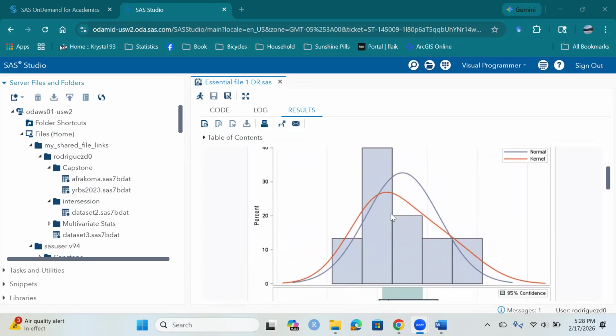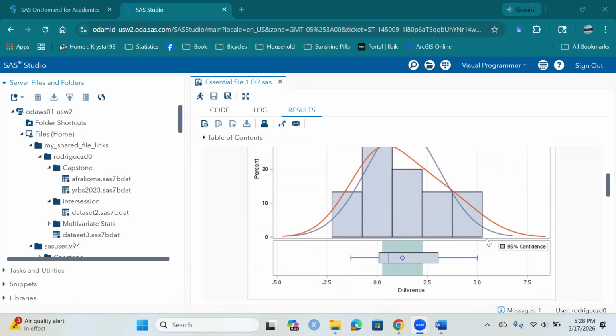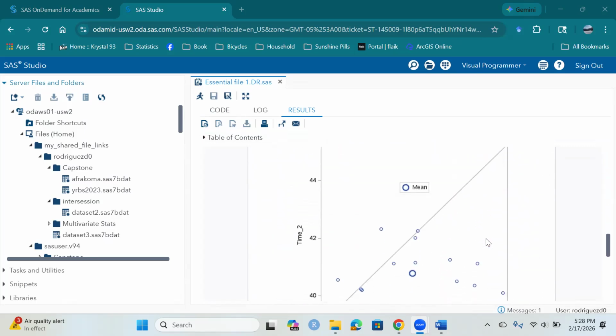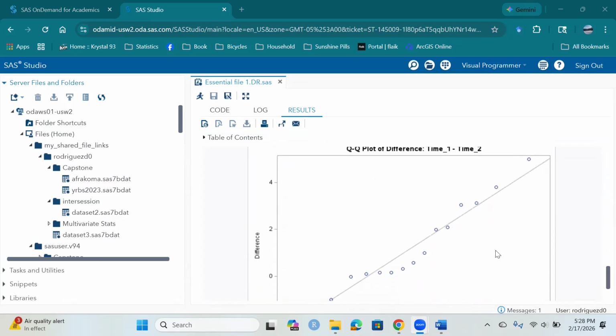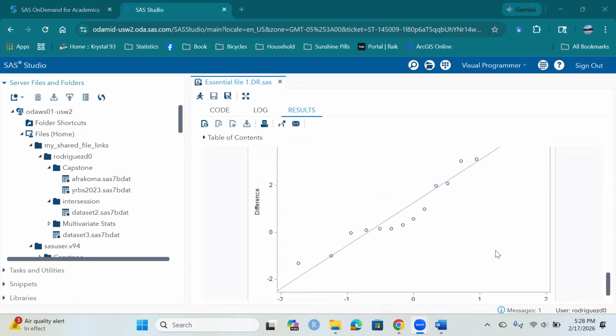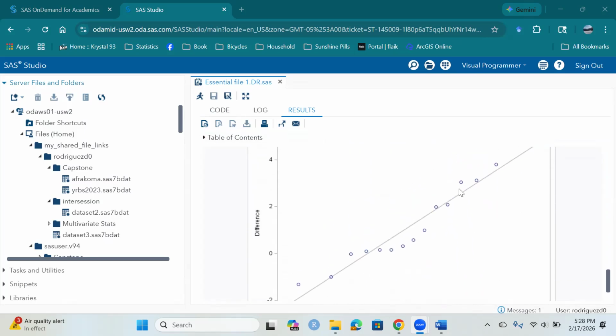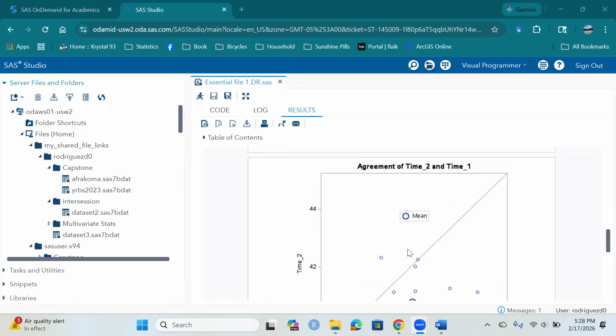So we want to see if it's normal, and it's not quite normal. It's a little bit off there, right? And there are other things we can look at, like the QQ plot, which indicates that there's divergence from normality. Sometimes it's not a lot at the tail ends, right? So it's just interesting to look at those.